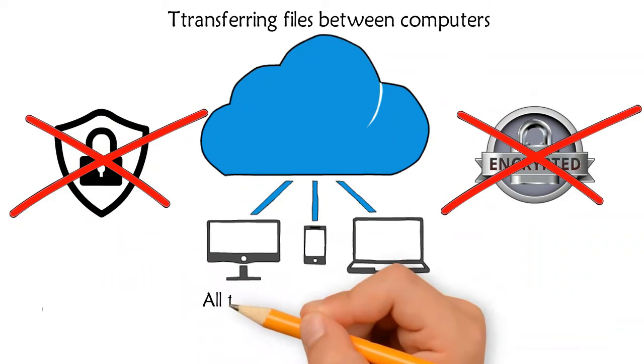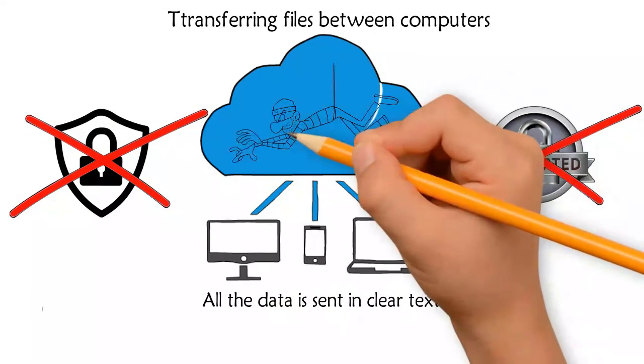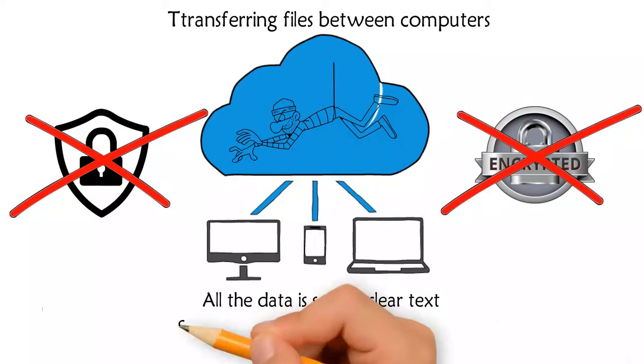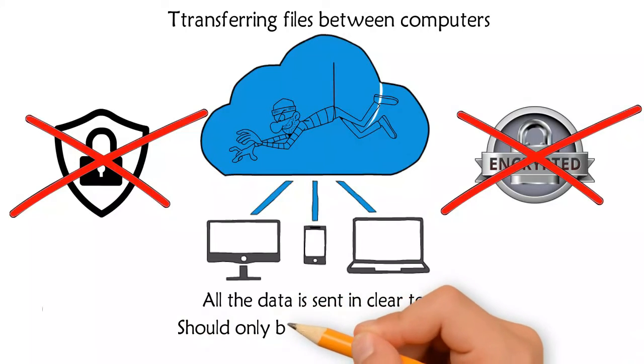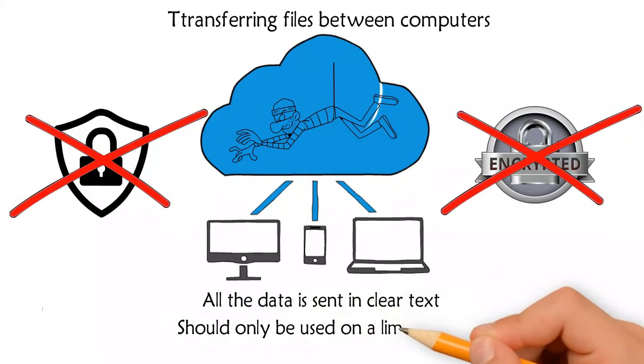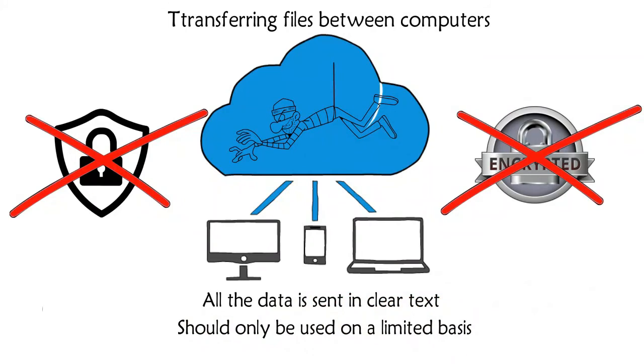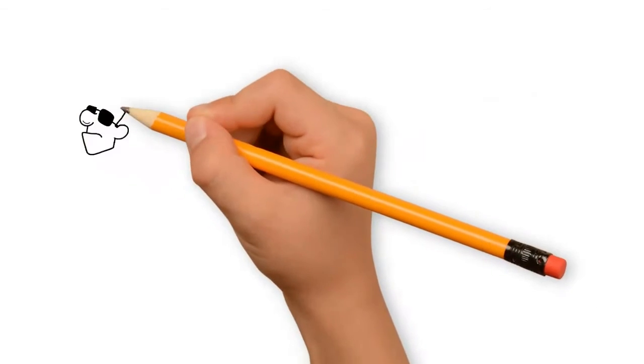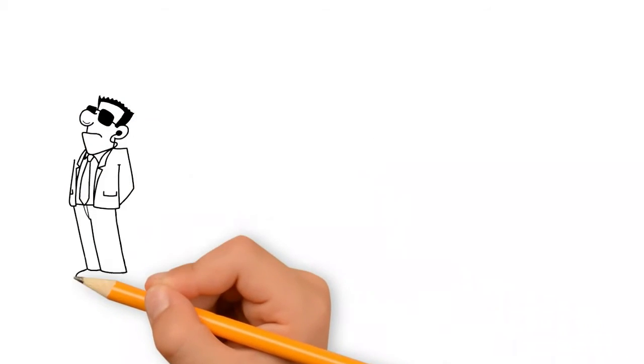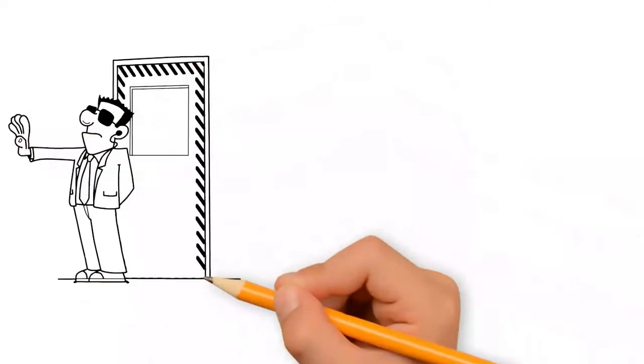All the data is sent in clear text, which can cause security concerns. So really, FTP should only be used on a limited basis or on only trustworthy networks, or if the data that's being transferred is not sensitive. However, if you're going to transfer data that needs to be protected, a more secure transfer protocol should be used.